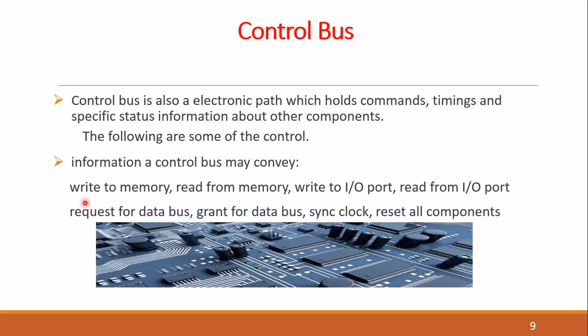Say for example, save to the memory, or write to the memory, or read from the memory, or send some kind of data to an IO port, read from an IO port, a request for the data bus, meaning a time slice for granting the data bus, to synchronize the clock pulses, meaning which process will get the timeline of the processor, and resetting all components.